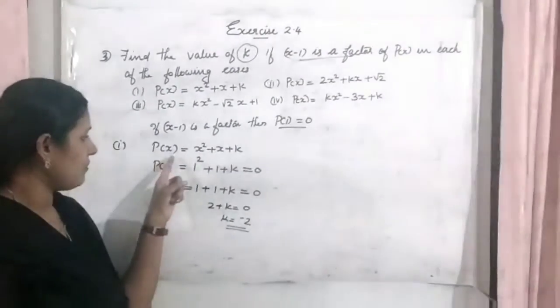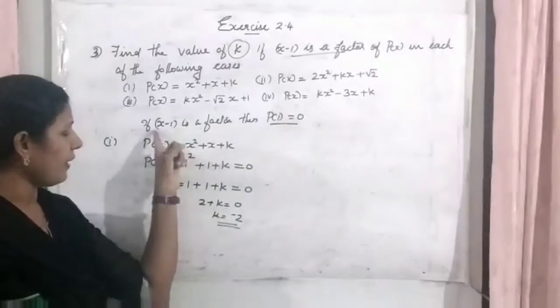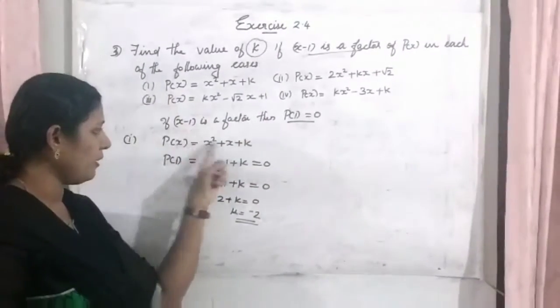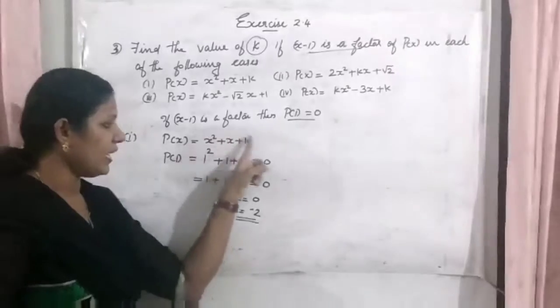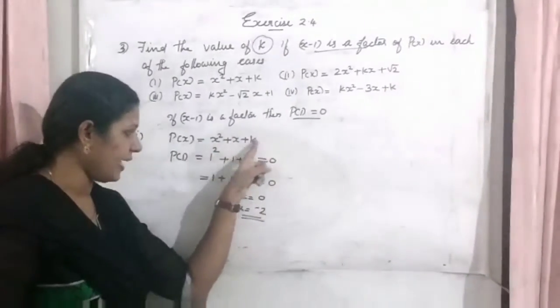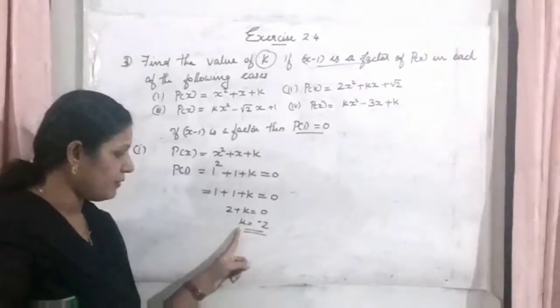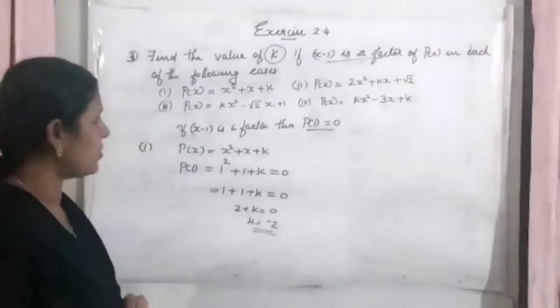So we get the value k equal to minus 2. That is, if x minus 1 is a factor, then P of 1 equals 0. So for the polynomial we write P of 1 equals 0, and instead of x, we put 1. So we get k equal to minus 2.